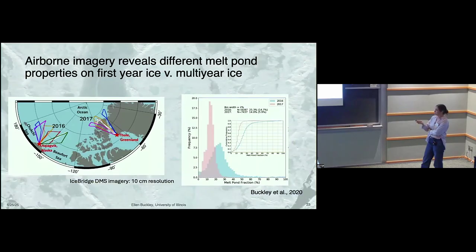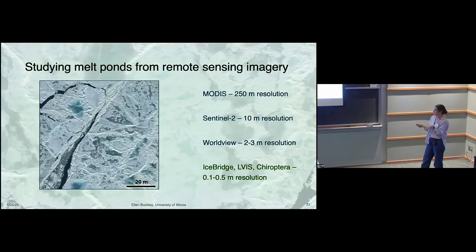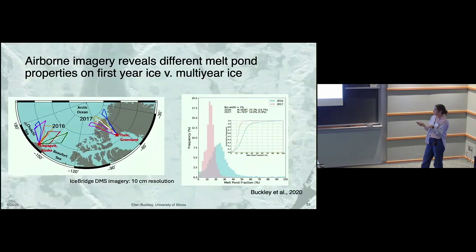So in this area, we're looking at predominantly first-year ice, and then this area, this is the region of the thickest and oldest ice in the Arctic. And so what we've done with that, we have these 10-centimeter resolution images that look a lot like this. We looked at DMS data, which is similar resolution, 10-centimeter resolution. So we're able to resolve those melt ponds.